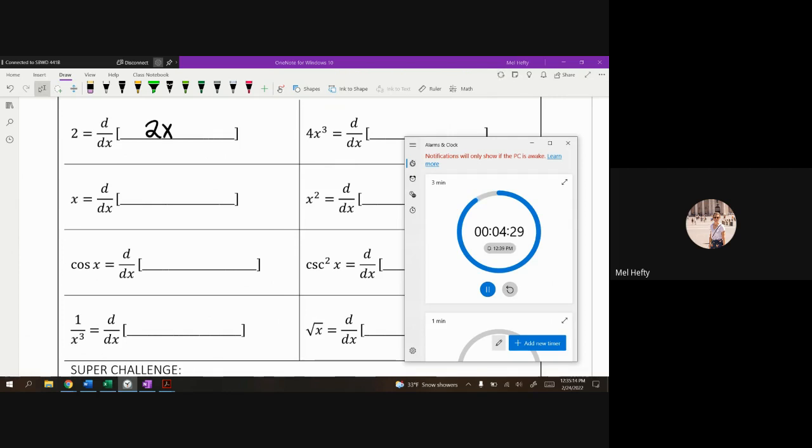We normally took the power down, multiplied by it, and subtracted 1 from our exponent. So consider that antiderivatives are the opposite. Does anyone know their derivatives? Some of them?